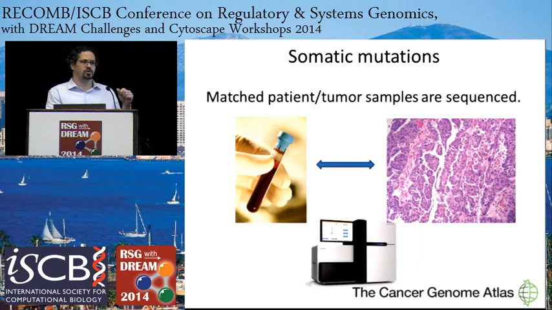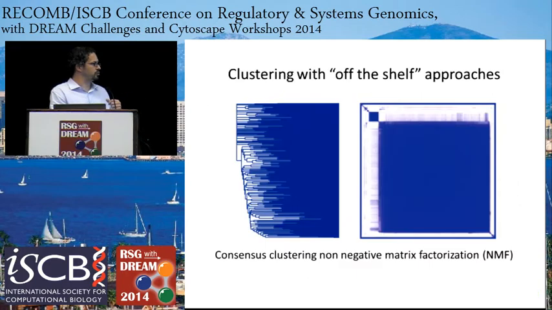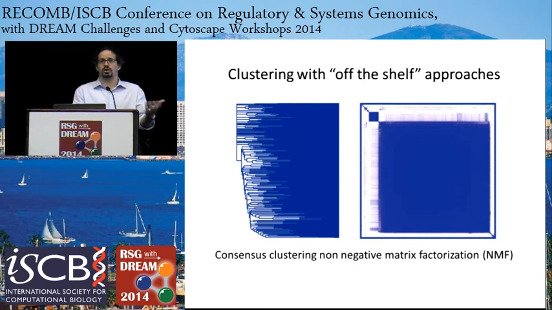So we're only looking at somatic mutations as opposed to germline mutations. And of course, if you want to discover subtypes, we should start with something off the shelf. And we tried what we believe is one of the better clustering methods out there. So here we apply NMF and we basically get this result, which is totally nonsensical.